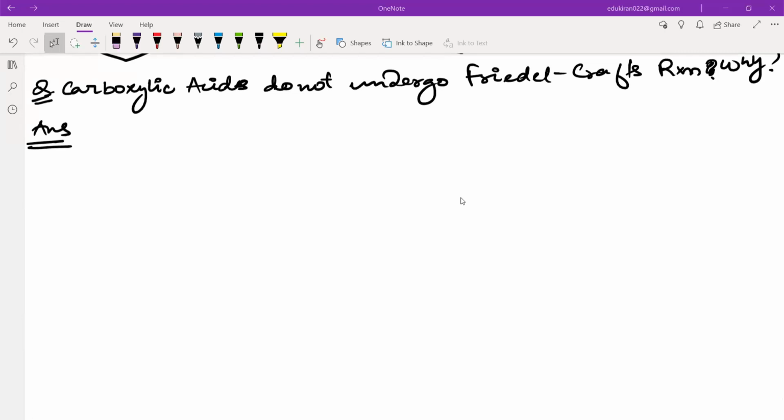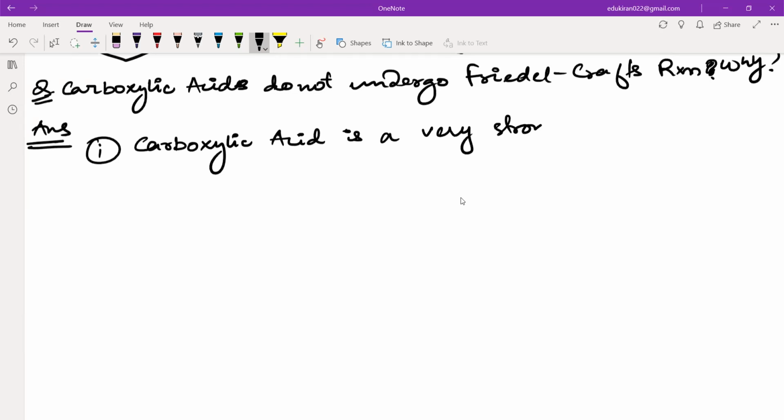There are two reasons. Number one reason is that carboxylic acid is a very strong deactivating group.